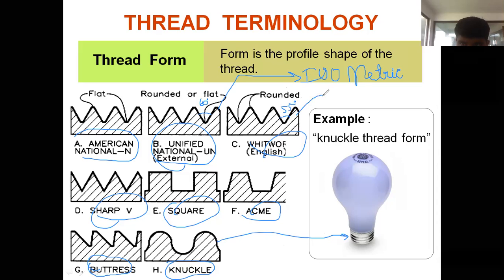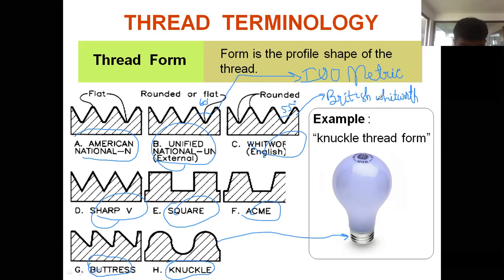Okay, so here the angle is 55°. Next we will be seeing the various other things.